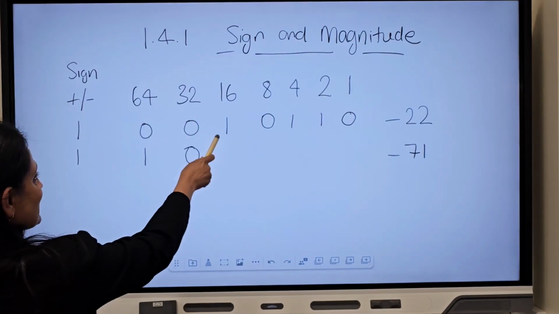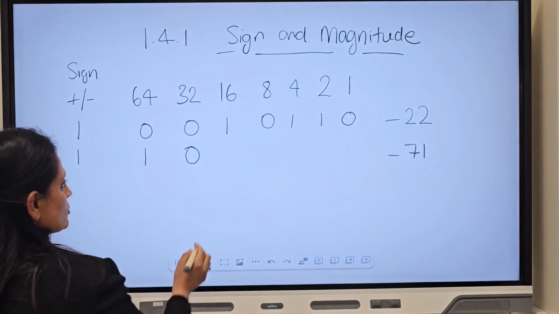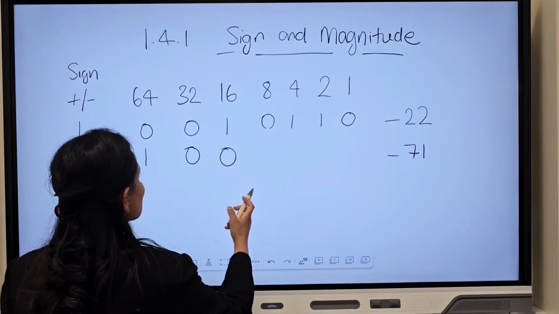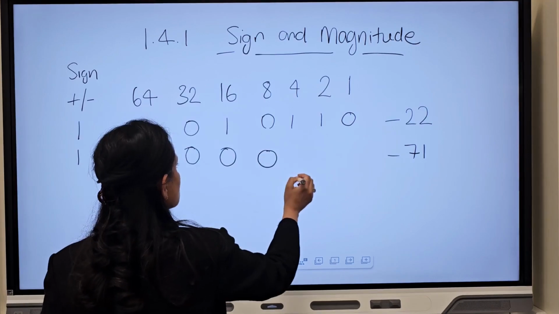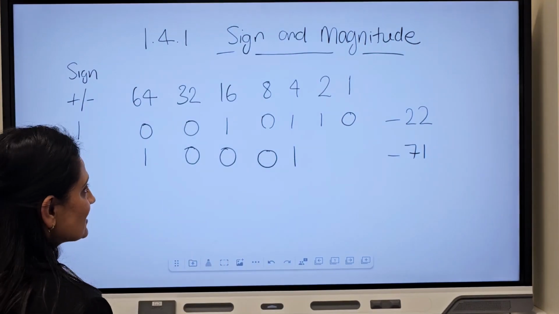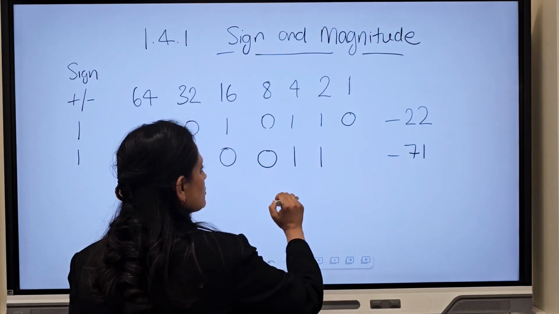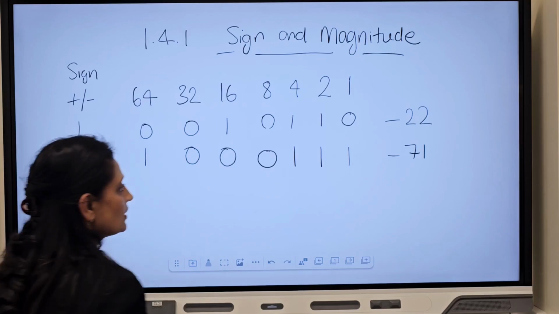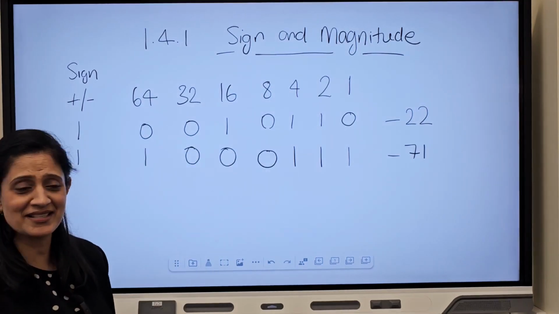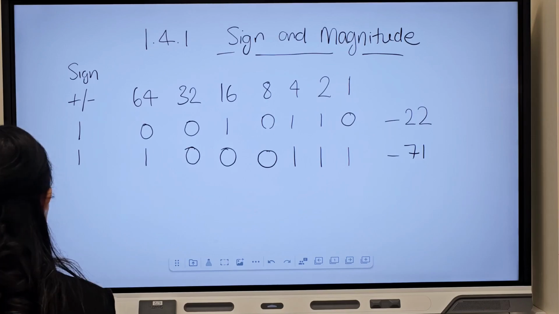If we added 16, that would take us over as well. So we don't need 8, plus 4 gives us 68, plus the 2 gives you 70, plus the 1 gives you 71. So that's minus 71.